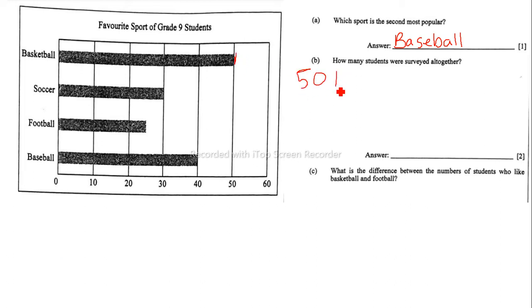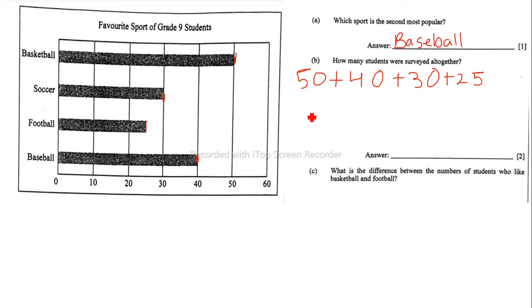For baseball we know it was 40. For soccer we know it was 30, and for football we know it was 25.